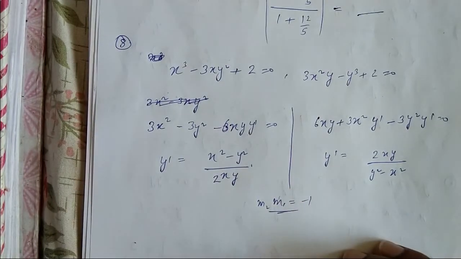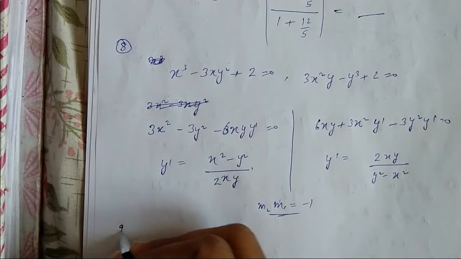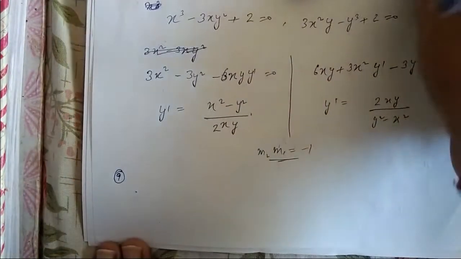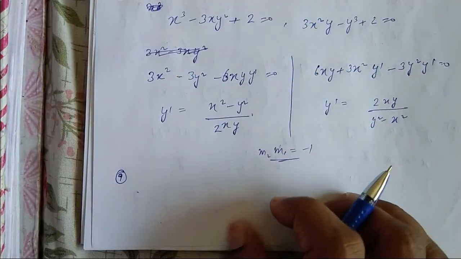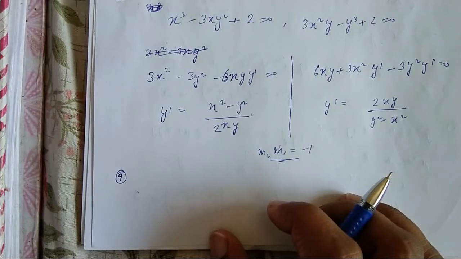Moving on to question number 9. If the curves x is equal to y square and xy is equal to k cut orthogonally, then k is. For the curves to cut orthogonally, the product of the slopes of their tangents at the point of intersection has to be -1.